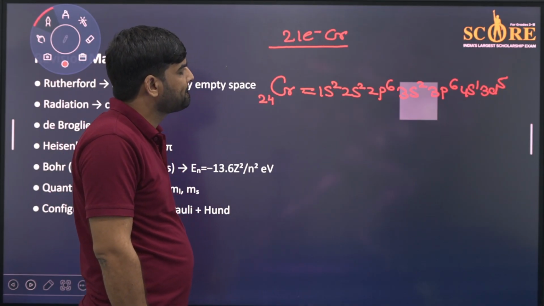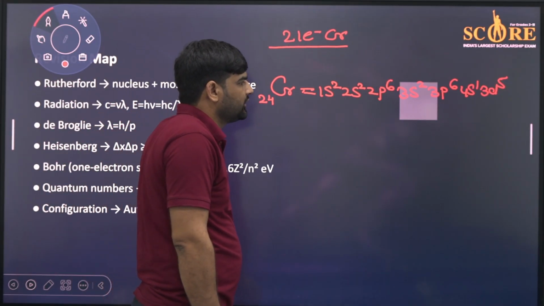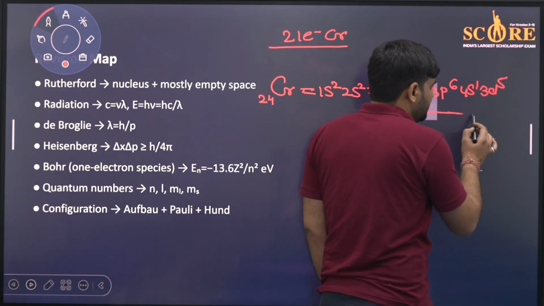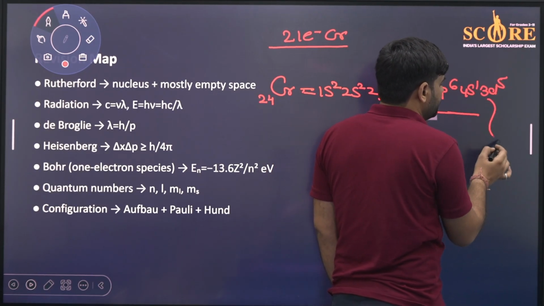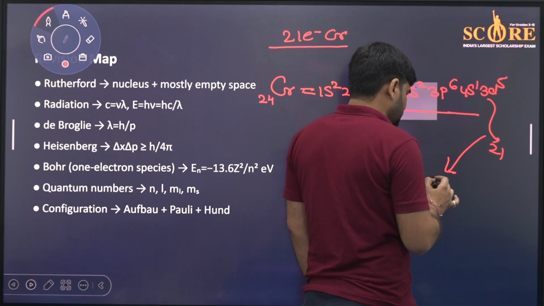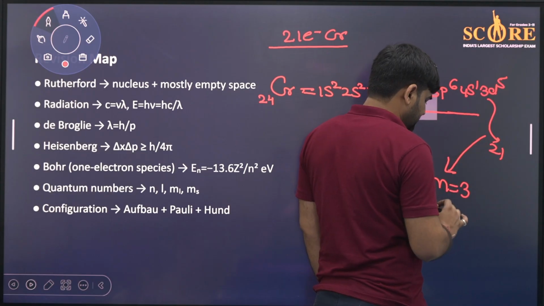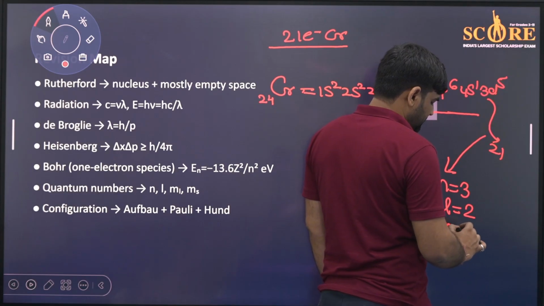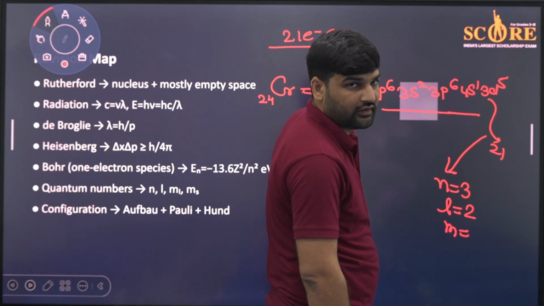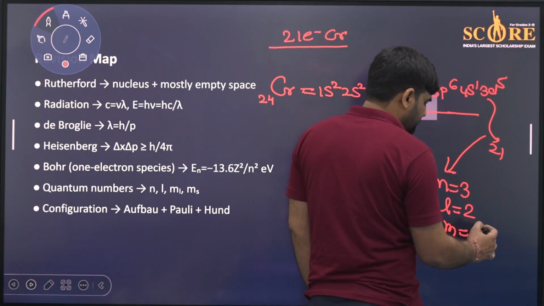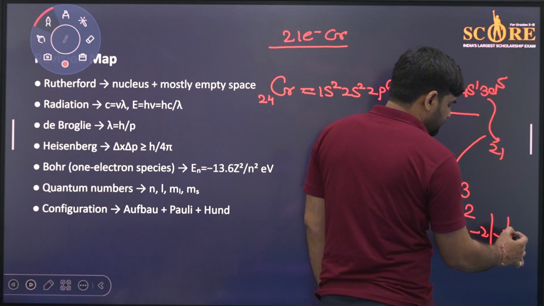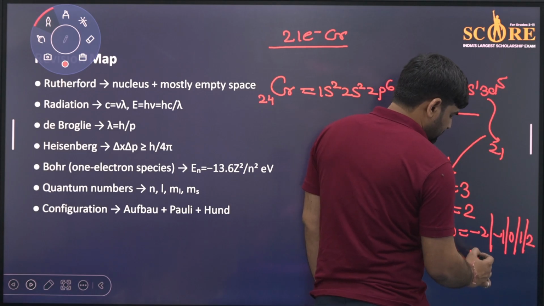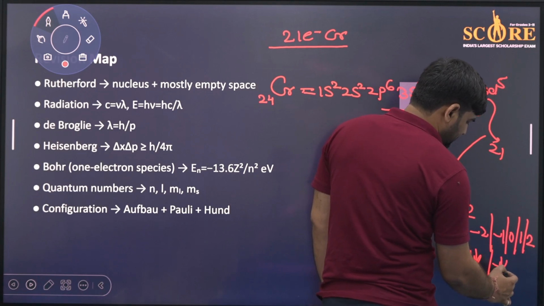Now till this, 18 electrons are filled up, this is 19, this is 20 and the 21st electron is here. So principal quantum number is 3, L is 2 for D, M is -2, -1, 0, 1, 2 and S is +½ and -½.